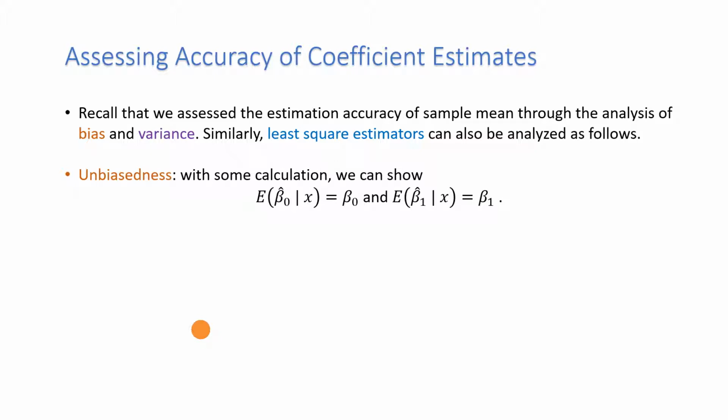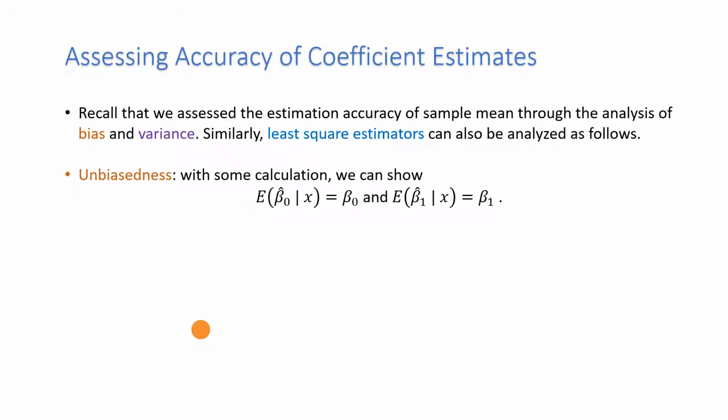In particular, beta 0 hat is an estimate of your intercept coefficient, and beta 1 hat is an estimate of your slope coefficient. Besides obtaining the particular values as our estimates, we also want to assess how accurate these two estimates are compared with the truth.